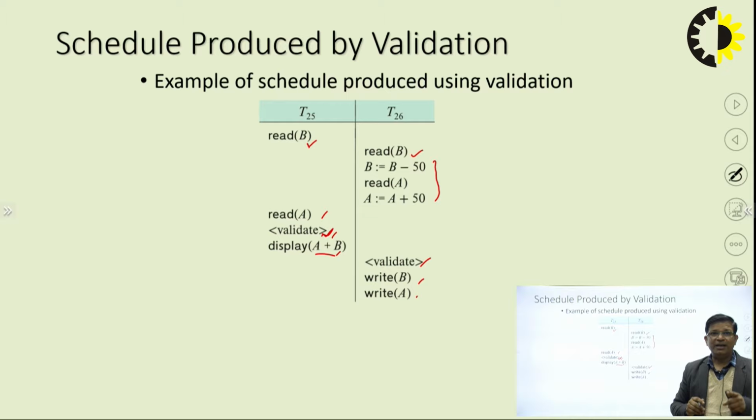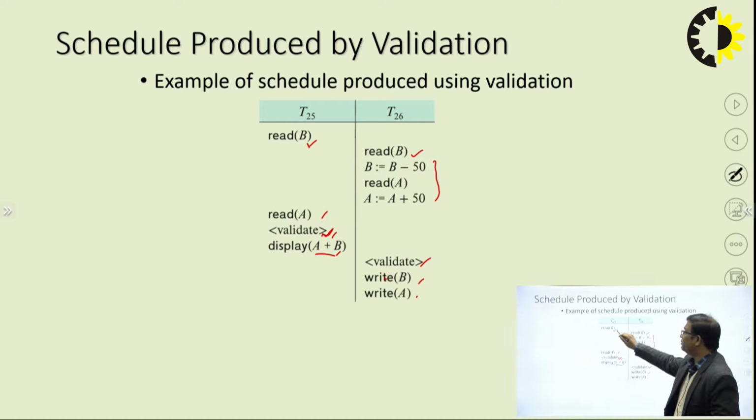Validation means it validates whether the read values of A and B are correct or not. If correct, then it displays A plus B. So what is the meaning of correct? Read A happens after the transaction changed the value, and then it reads, but the value of B is read before its final update.